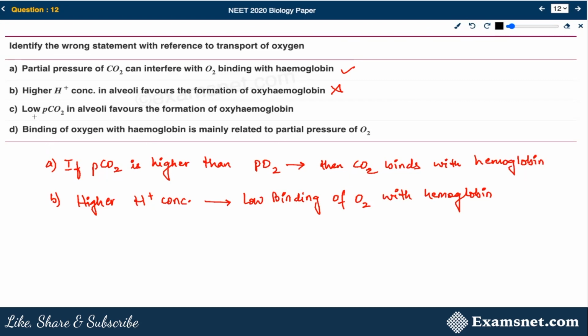The next statement is that low PCO2 in the alveoli favors the formation of oxyhemoglobin. Definitely, this is also a correct statement, because as I told you, if the partial pressure of carbon dioxide is less, then it will favor the binding of oxygen with hemoglobin.